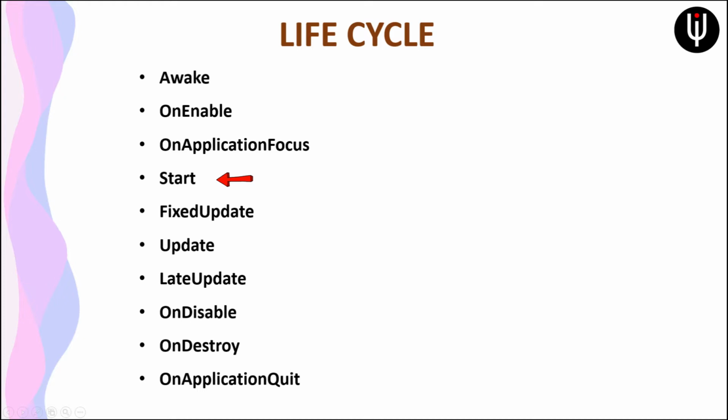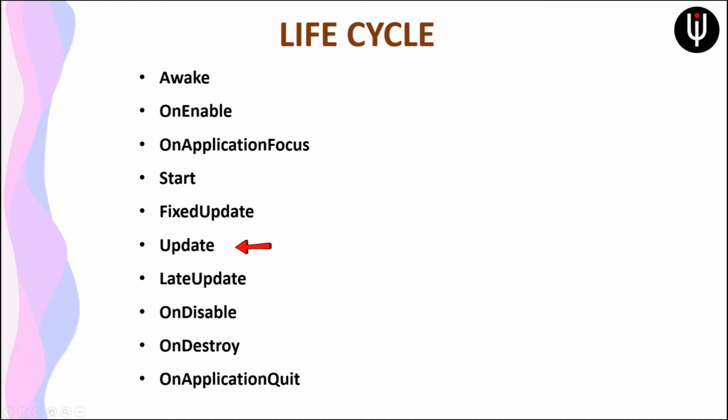Start function is only ever called once for a given script. FixedUpdate may happen less than once per frame at a high frame rate or more than once per frame at a low frame rate. It should be used for your physics related calculations.